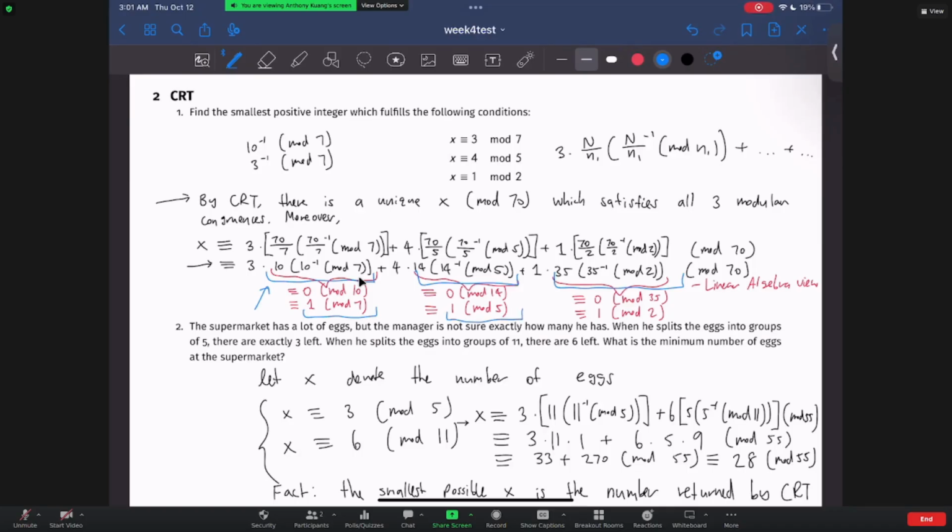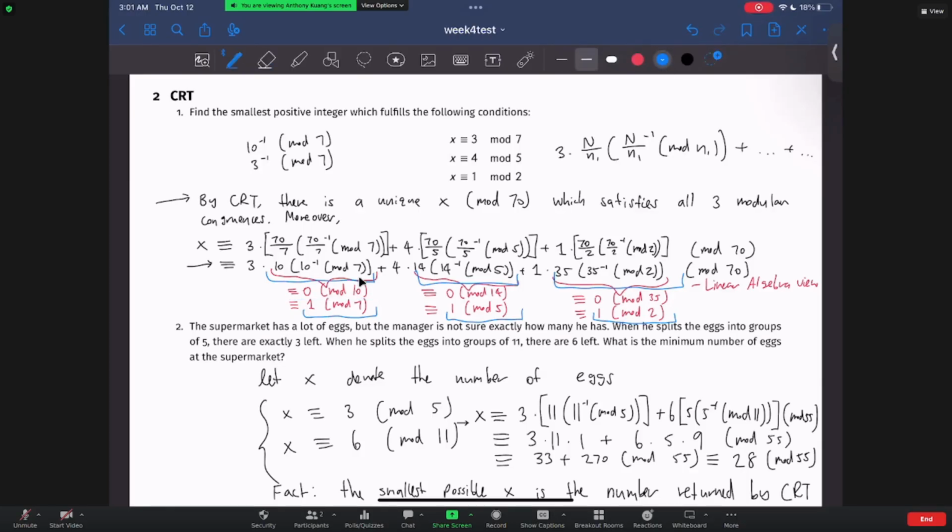This number controls to what degree a number is mod 5. And this third number controls to what degree a number is mod 2. And then for each of these three terms, we also need to force it to be 0 mod everything else, because we want this number to not affect any of the other terms.